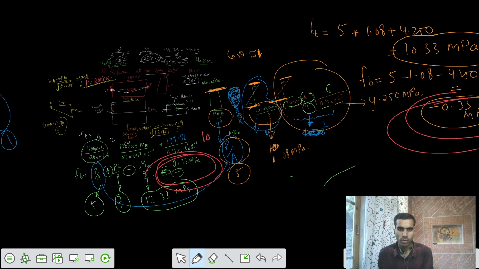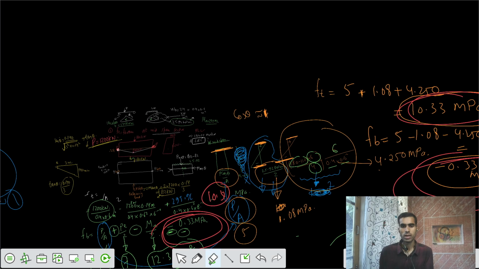This was the 10.33 overall value, and here we also have 10.33 megapascals. So either way you can have the same stresses developed. Either you can use the load balancing concept, or the stress concept. All those stresses are the same.